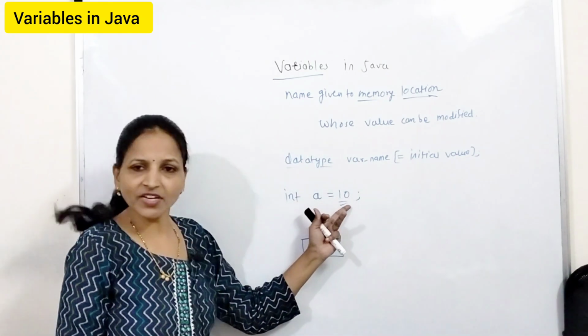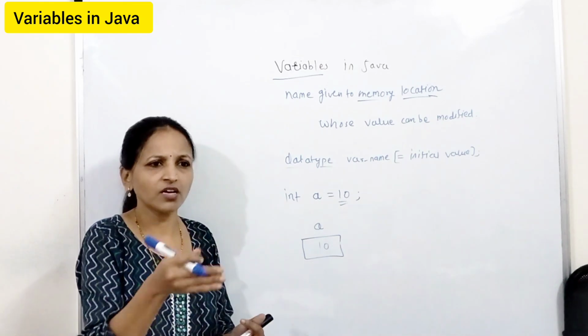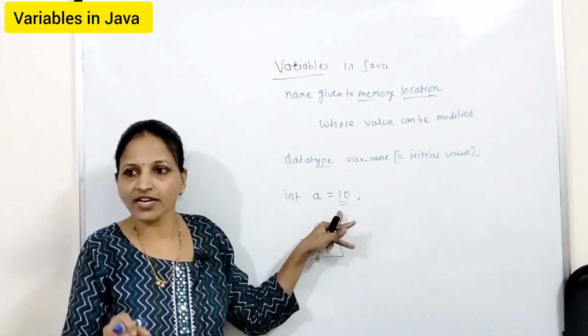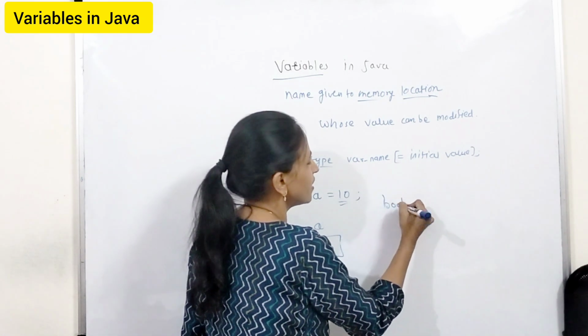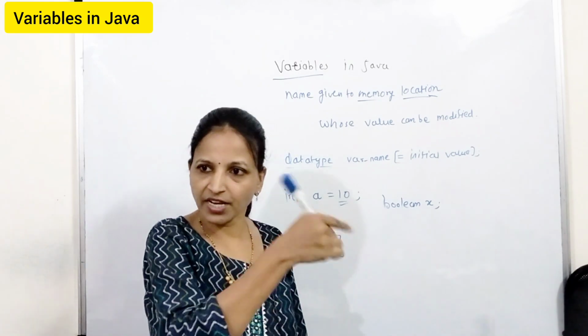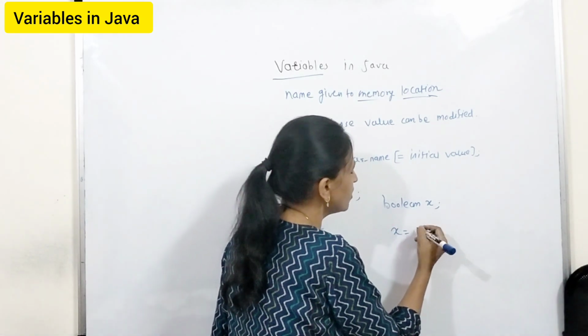In this way we can initialize at the time of declaration, if you want to give a value to a variable. This is the first way, called initialization. Let's say you have declared a variable like boolean x, and you want to give a value to this x, then you can write x equals true.